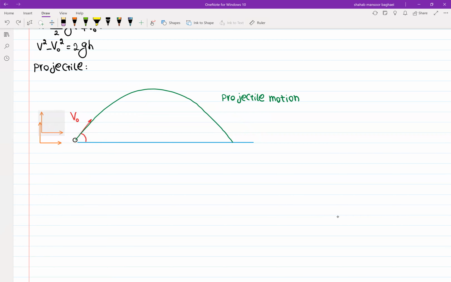For better understanding, I prefer to put it here because I want to show you everything clearly. This is X. This is Y. Unlike the rectilinear motion, over here you have two variables. The first one is X and the second one is Y.